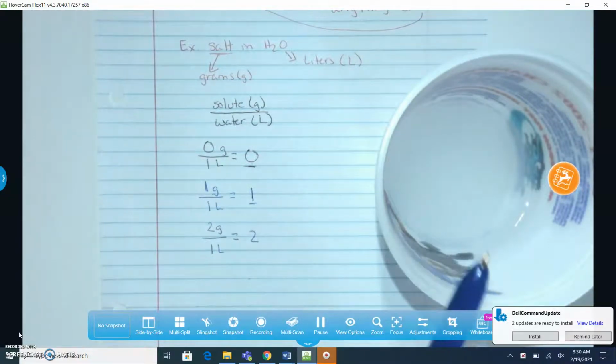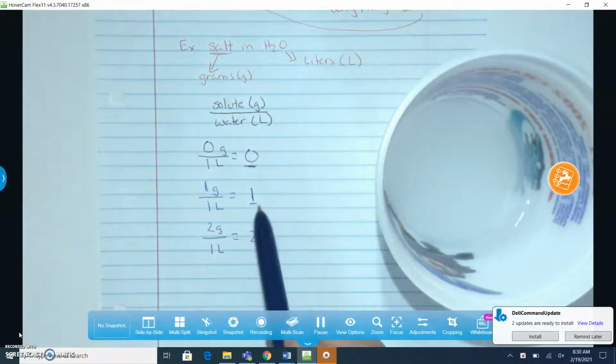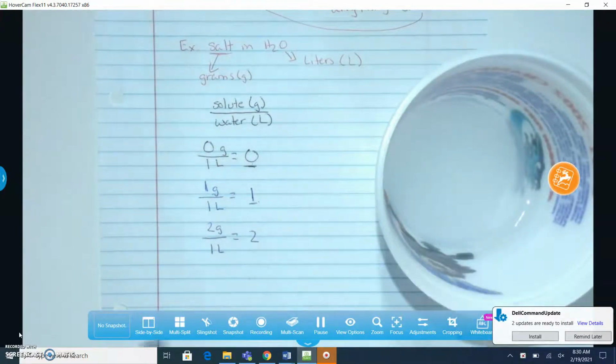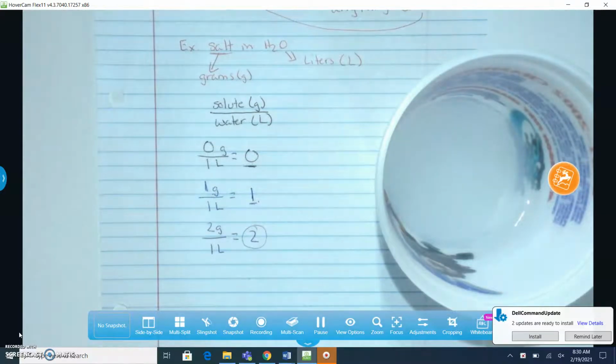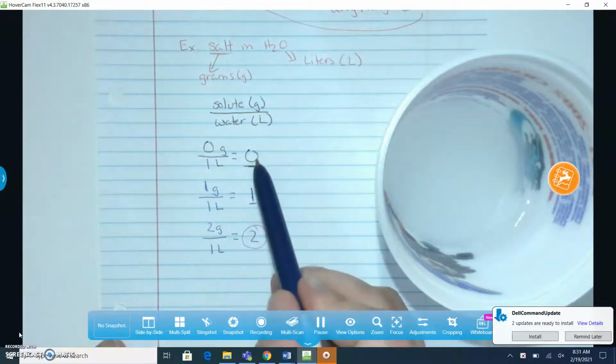Now if I were to sip this water, and it had a concentration of 1, and if I were to sip this water and it had a concentration of 2, which one would taste more salty? Well, this one would taste more salty, obviously, because there's more salt in it. Same thing could be said between these two.